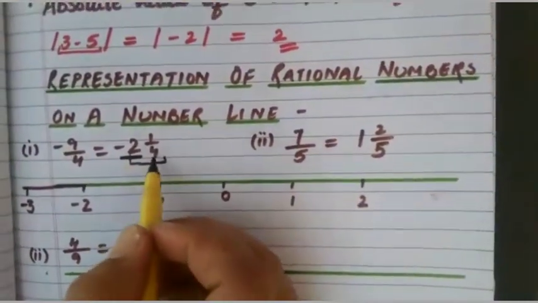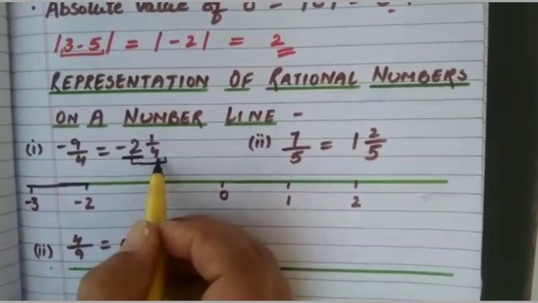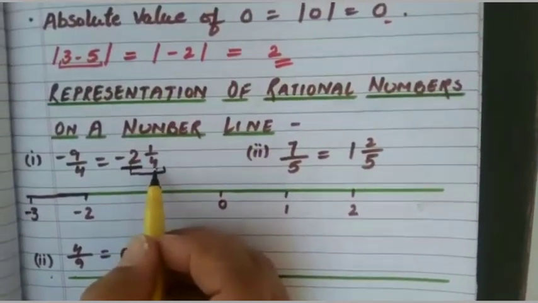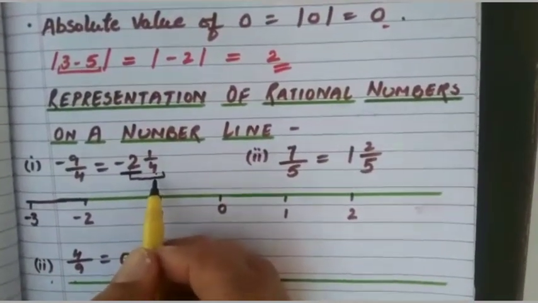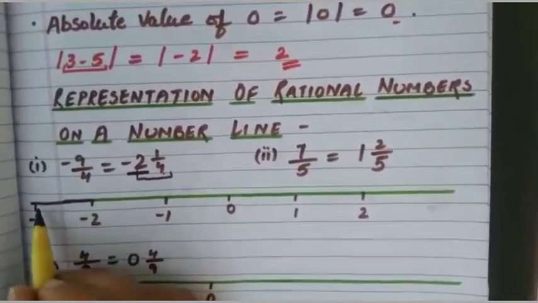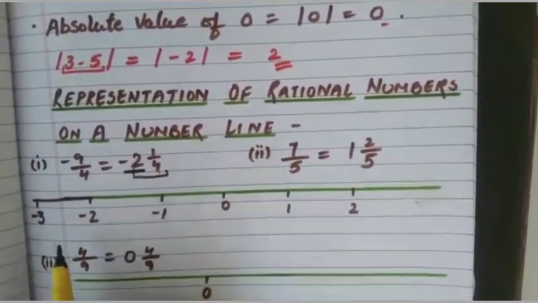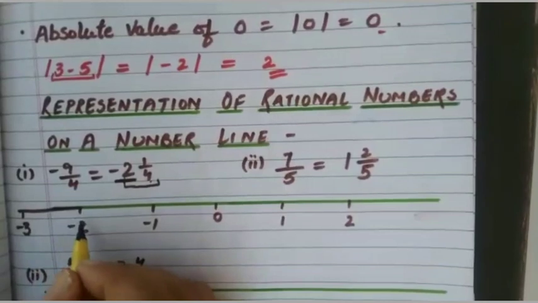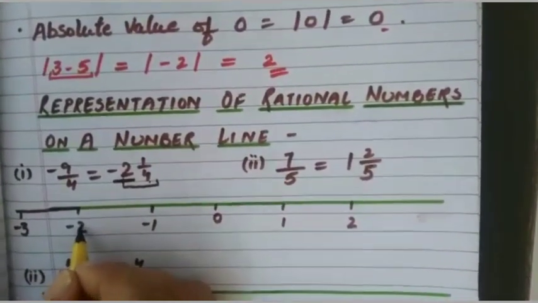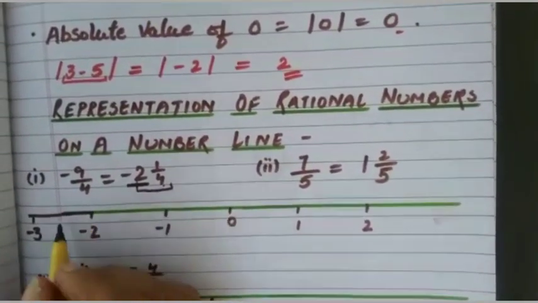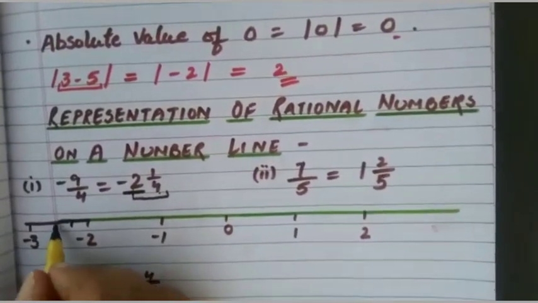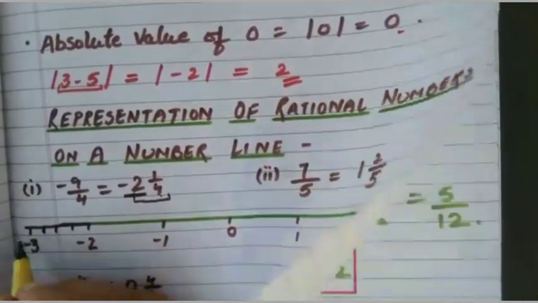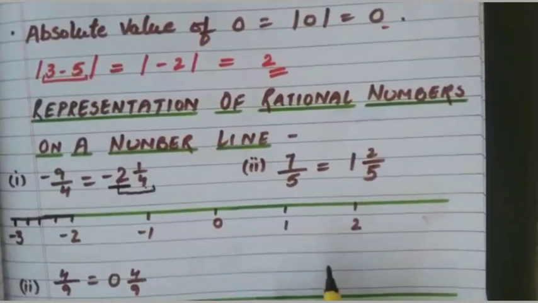Now next, we see the denominator. Here we have the denominator as 4. This denominator tells us that this portion will be divided into 4 equal parts. So let's do this. For 4 equal parts, we always start from right to left. So this is the first part, second part, third part, and this itself is the fourth part.